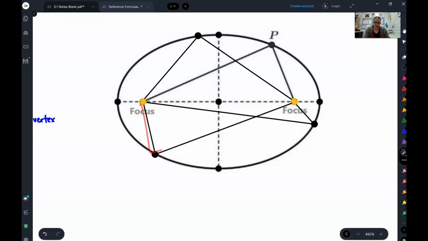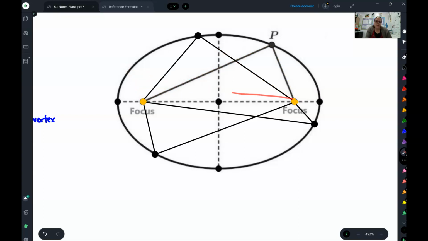So if I added these two distances, this one plus this one, it's going to be the same number if I picked this point and added these two distances, which will be the same amount as this one plus this one, and so on.